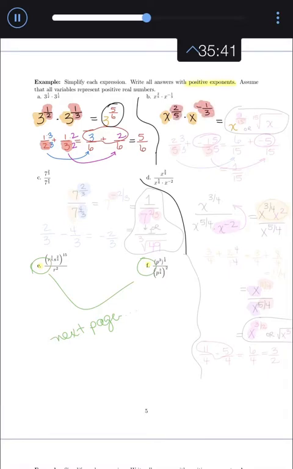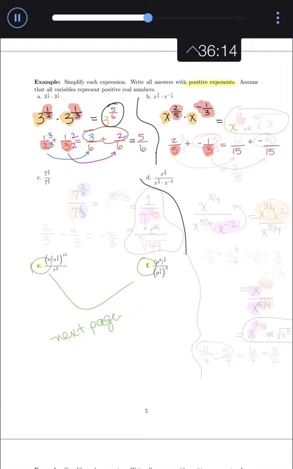We have an exponent of 2/5 and an exponent of negative 1/3. What do we do to two exponents when we are multiplying? Well, we add the exponents. So we have 2/5 added to a negative 1/3. Again, we're adding fractions, so we need a common denominator. In this case, the common denominator between 5 and 3 is 15.